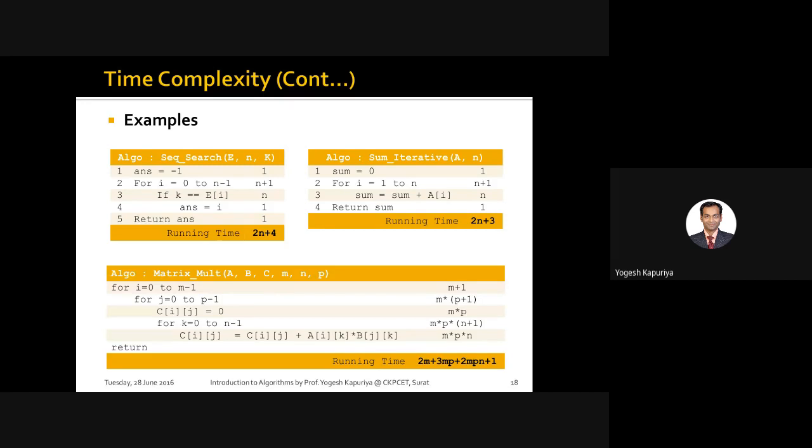Once you finalize the step count for each statement, then you have to simply perform an addition. So finally what you will get is an equation which can be a constant function, which can be a linear function. Have you studied linear and quadratic functions? What is the general form of any linear function?